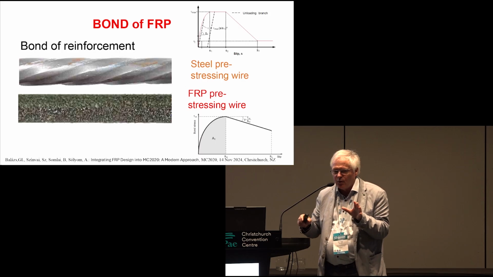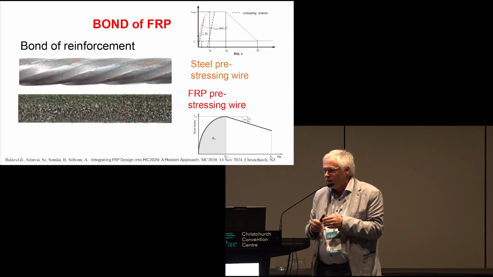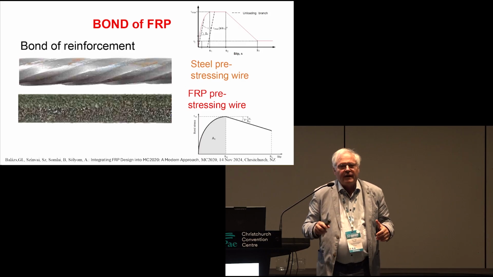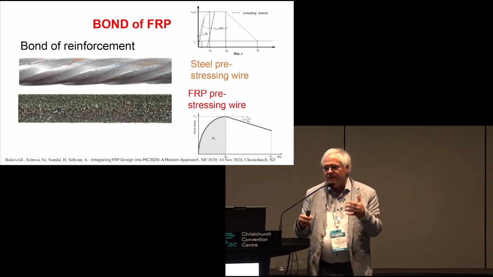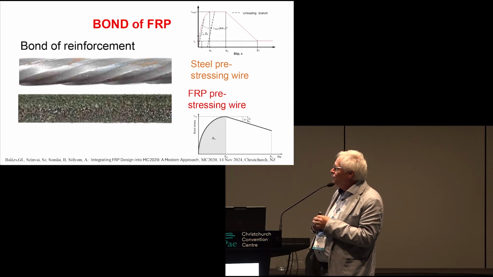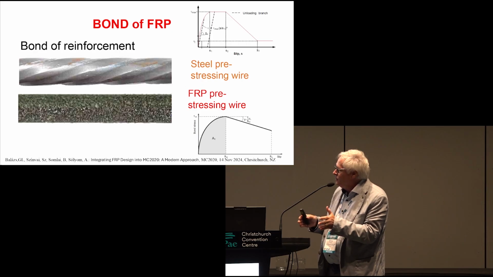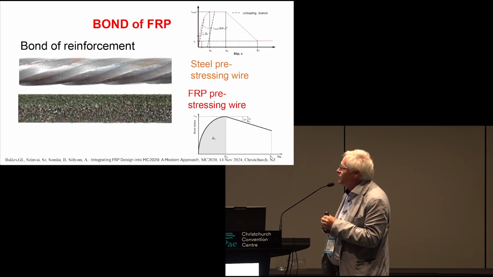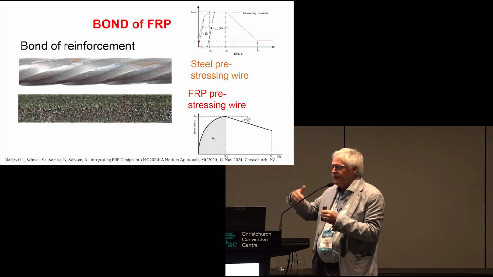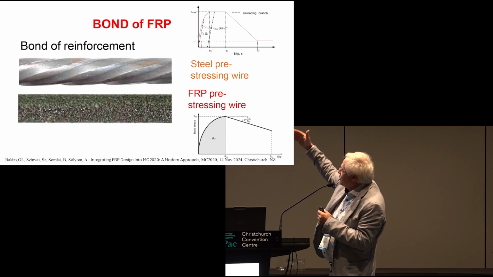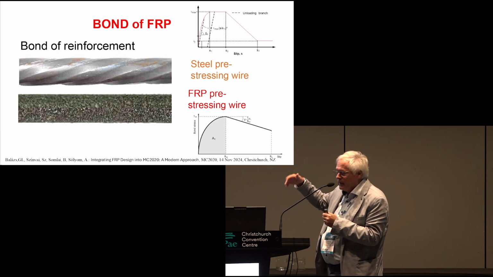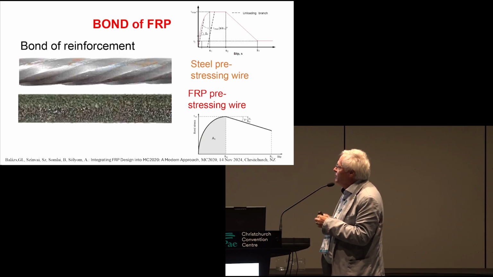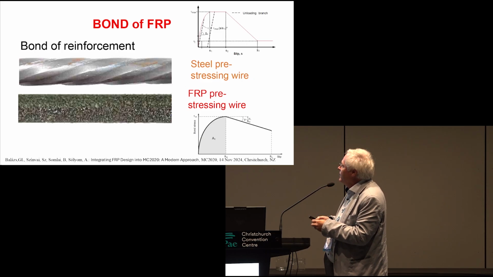Not in all cases. If you use sandblasting on the surface of the FRP reinforcement, you can have even too high activity of bond and too concentrated force transfer. So there are very different solutions for bond and consideration of bond. But you can see, and it is also codified in the Model Code, that the bond-slip relationship is different for steel and for FRP.